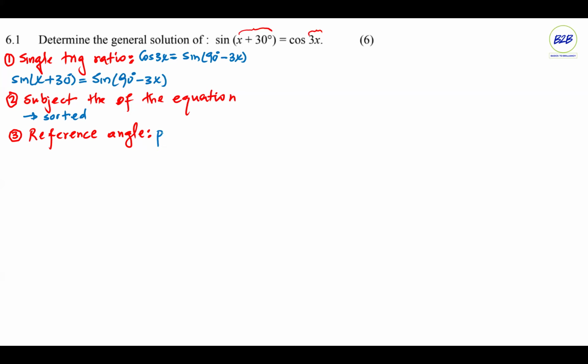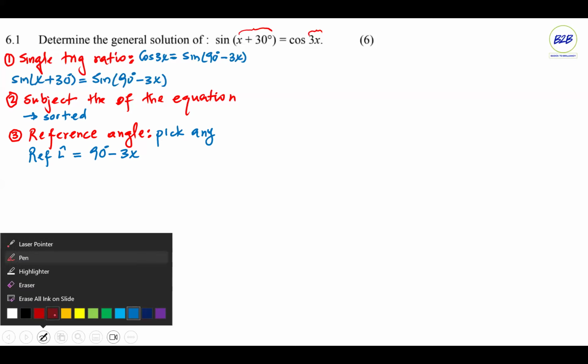It's your choice, but remember your choice. So our reference angle, for example, in this case, we can say it is equal to 90 degrees minus 3x.